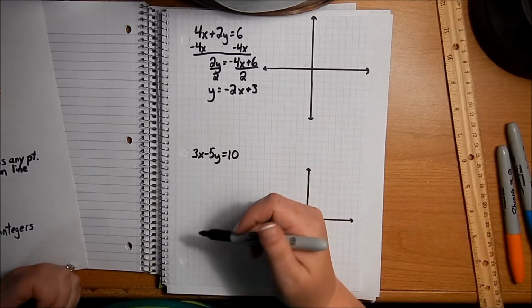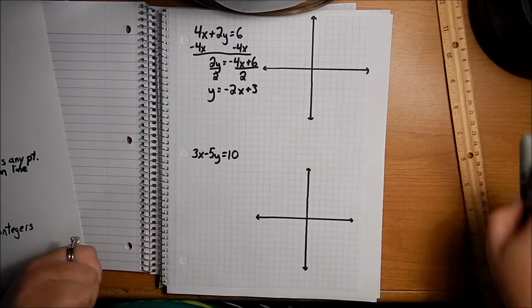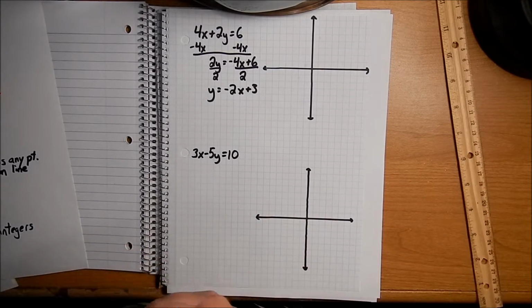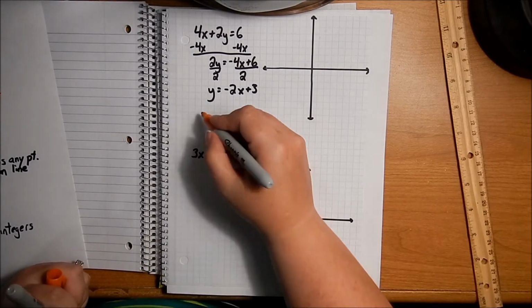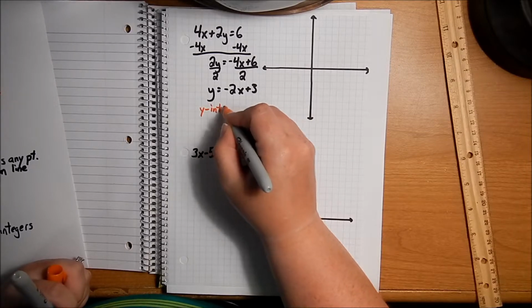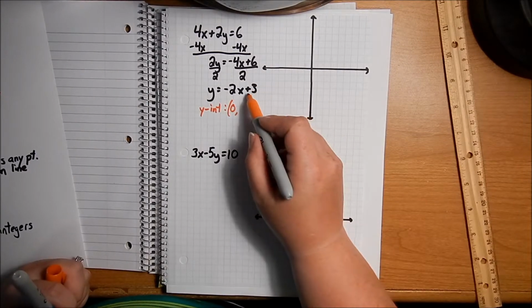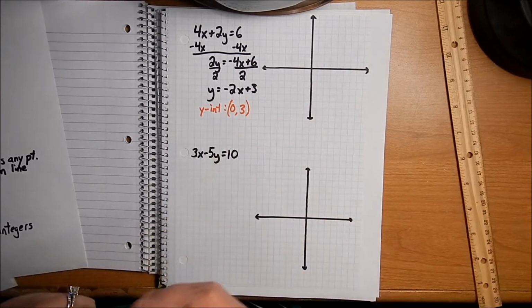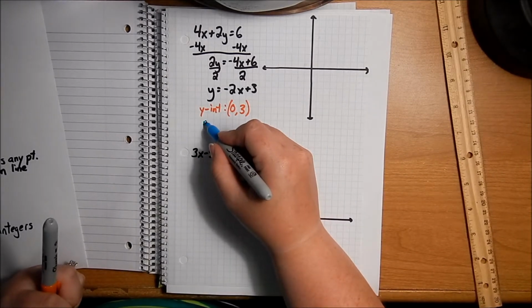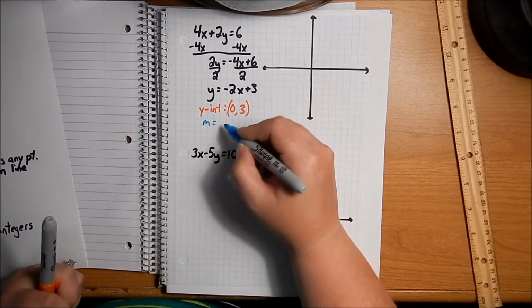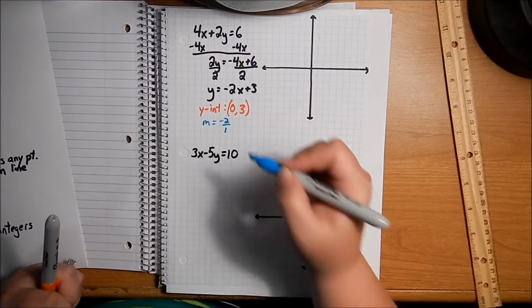Now this is something we've already gone over how to graph. Since it's in slope-intercept form, I can just start with my y-intercept, which is (0, 3). And then the slope in this case would be negative 2, or I can write it as negative 2 over 1.